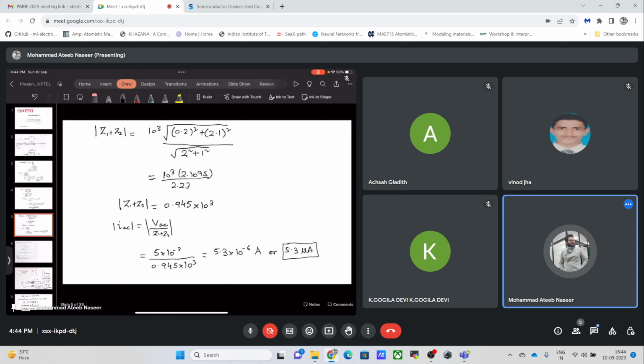So if the doping concentration is a function of x, what would you say about the electric field? What would it look like?